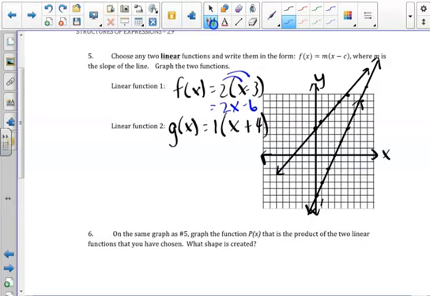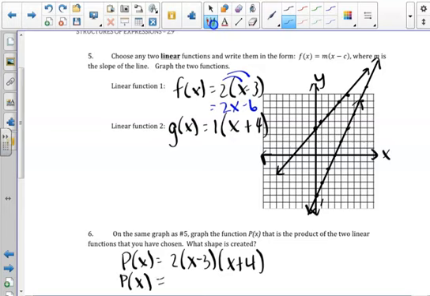Okay, so then in 6, we're asked on the same graph as 5, graph the function p of x that is the product of the 2 linear factors you have chosen. So what that means is they're asking us to take this linear factor and this linear factor, and distribute. So the first thing we have to do is distribute each of these values in the parentheses, and last distribute the 2.